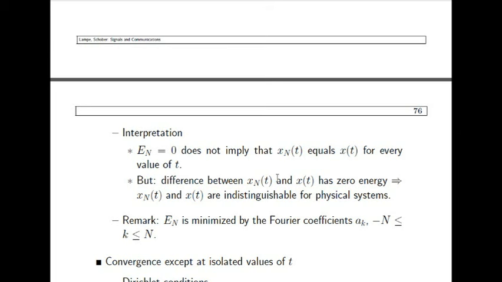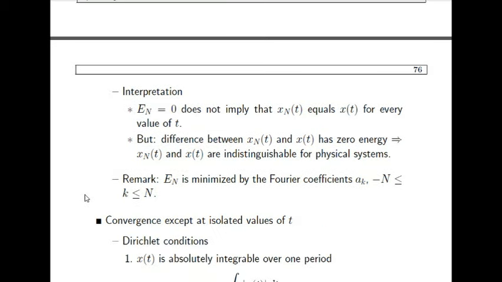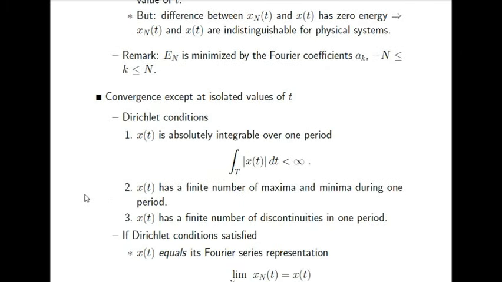The second convergence conditions are the Dirichlet conditions. What are the Dirichlet conditions? The first condition is that for one time period, the signal x(t) must be absolutely integrable. This is the meaning of absolute integration: the integral of |x(t)| dt for one time period should be less than infinity.